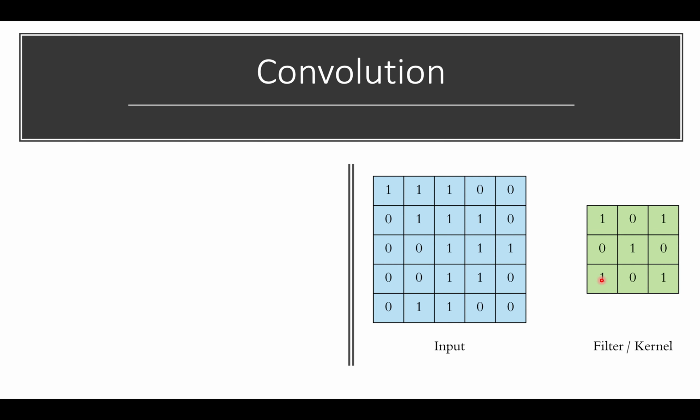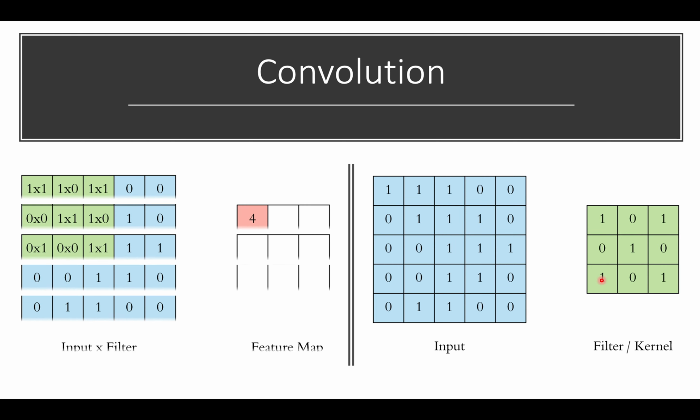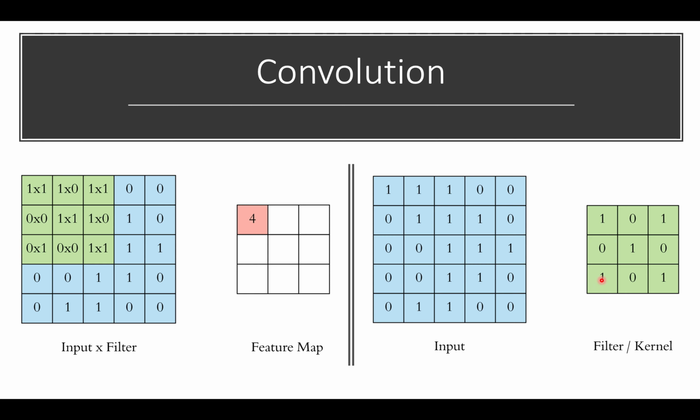We perform the convolution operation by sliding this filter over the input. Look at it here: we put the filter starting from this corner. At every location we do element-wise matrix multiplication, so 1 by 1, 1 by 0, 1 by 1, 0 by 0, and so on. Then we sum up all these results, and this sum goes into the feature map.